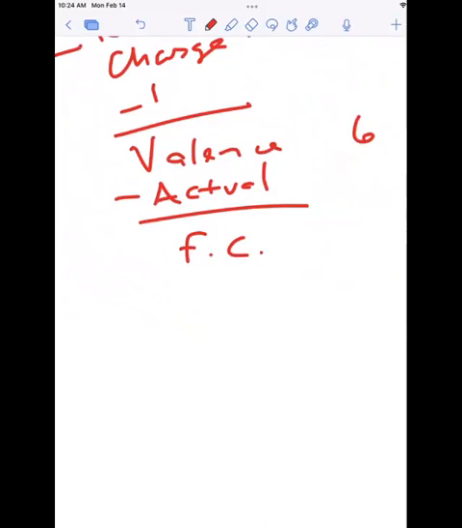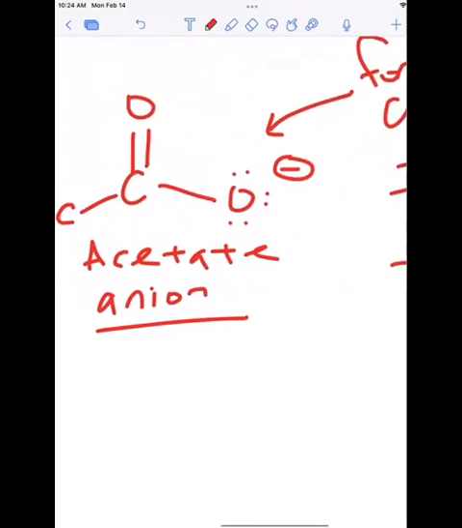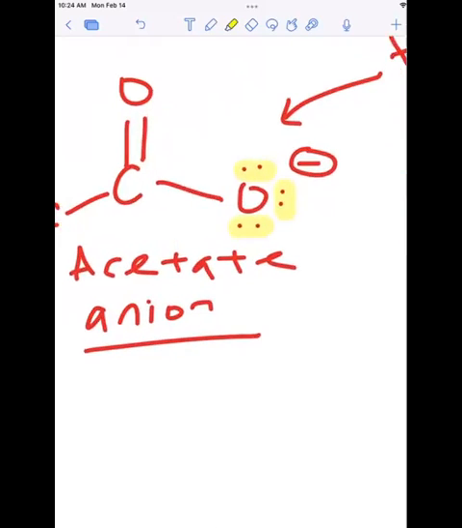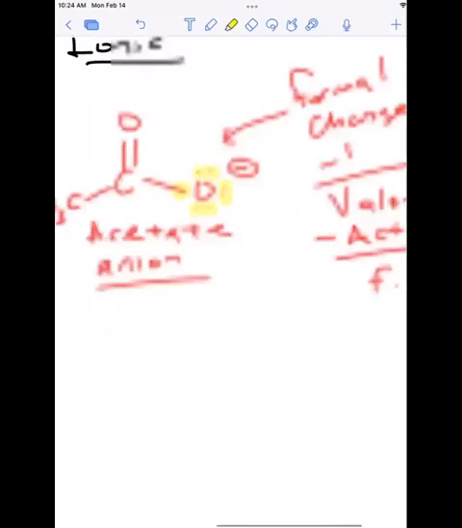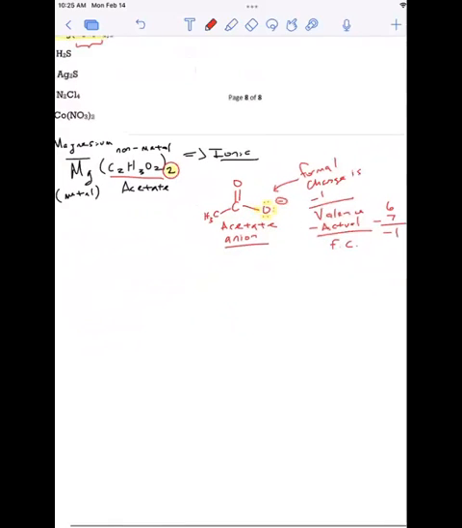And then for actual, we count the electrons around it here. So this is 2, 4, 6. And then this bond right here is composed of 2 electrons, so we take one of those electrons from that bond. So right now in that molecule, oxygen has 7 electrons around it. So 7 actual, for a charge of -1. All right. Any questions about that before we move on?